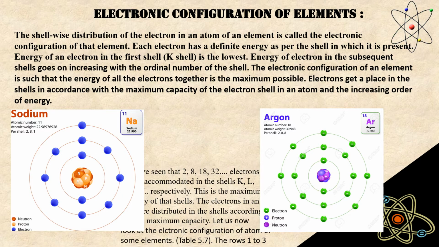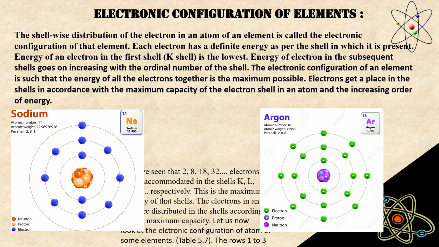ठीक है? So electrons जो हमारे place होते हैं shells में, उसकी capacity, with the maximum capacity of the electronic shell in an atom and the increasing order of energy. ये याद रखेंगे, जो इलेक्ट्रॉन्स शेल में मूव हो रहे हैं, जो सबसे नियर होगा न्यूक्लियस के, it will have less amount of energy as compared to the further ones. जो दूर है उसके अंदर इलेक्ट्रॉन्स रखने की कैपेसिटी भी ज़्यादा है और उसका एनर्जी लेवल भी ज़्यादा होता है. ठीक है?